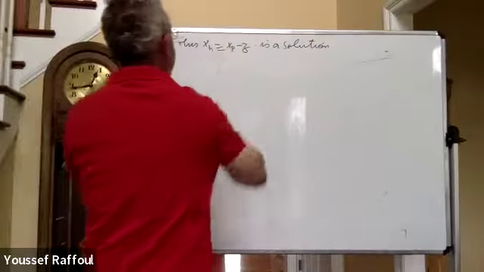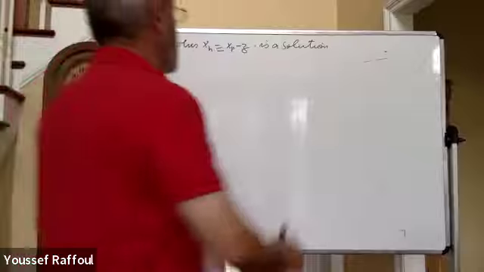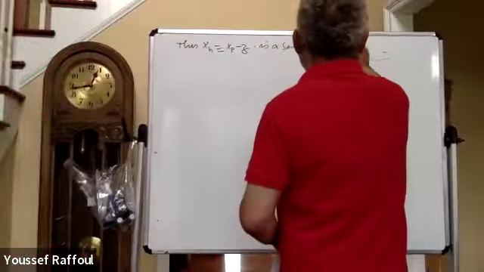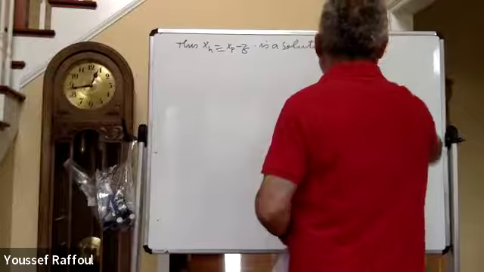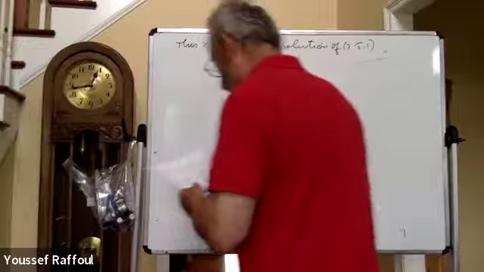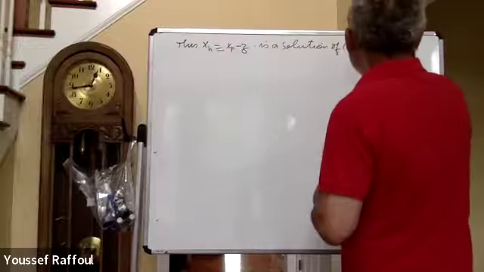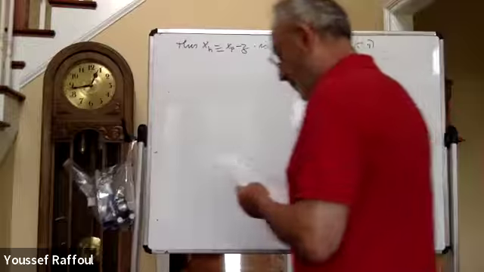And I'm going to define this one as like that, is a solution of 2.5.1. Sorry, 2.5.2. Okay.